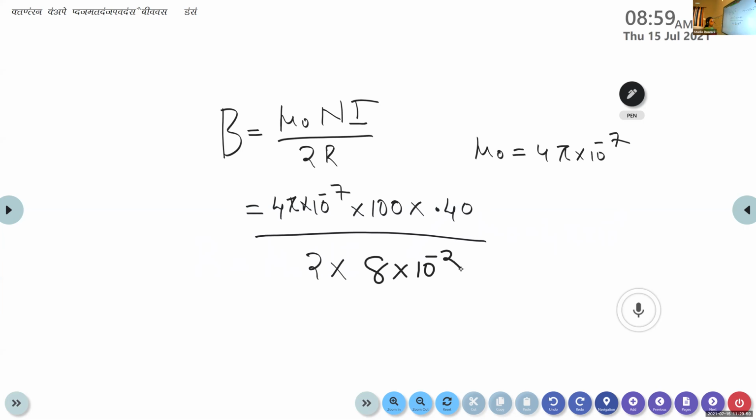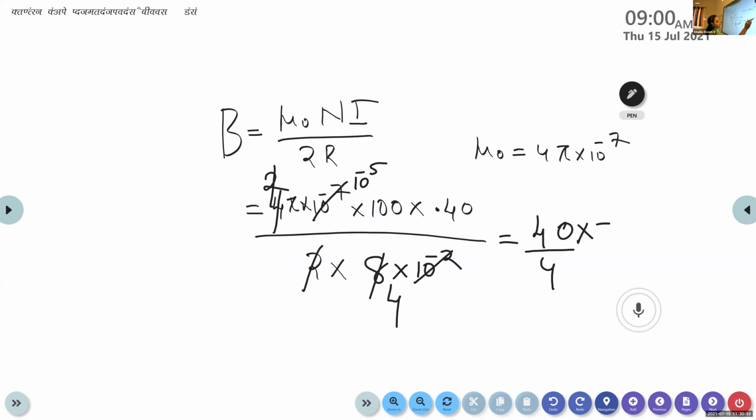So what is the final answer? Here we can cancel this 10 raised to minus 2 with 10 raised to minus 7. It becomes 10 raised to minus 5. 100 into 0.40 is 40, divided by 4, into pi into 10 raised to minus 5.